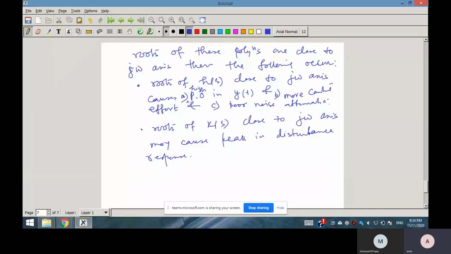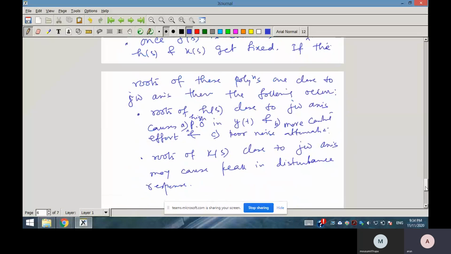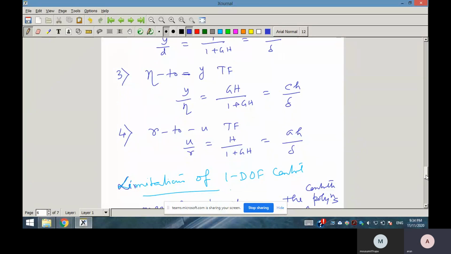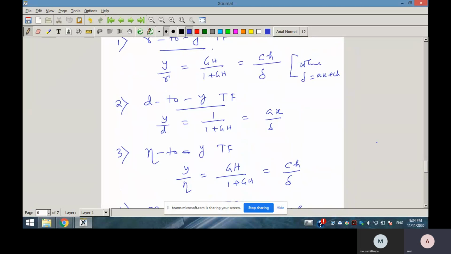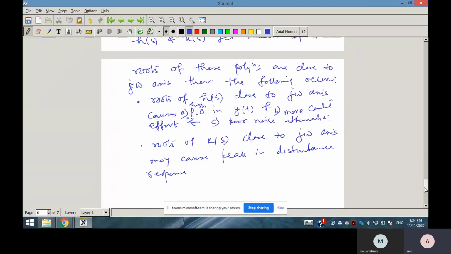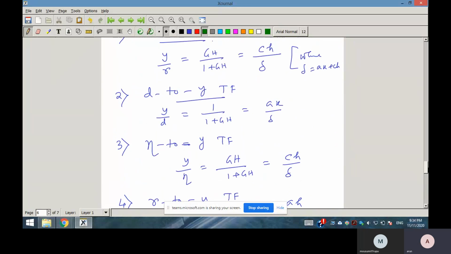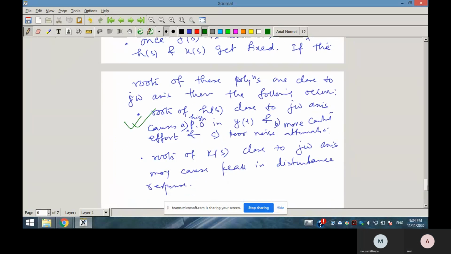This will occur because of the roots of the HS in an undesired position, that means close to the imaginary axis. Also, if the control gains HS and KS are high, then the control effort will also increase. So many things will be there. The main limitation is this one. This limitation is very important. These roots of HS will cause a lot of problems.